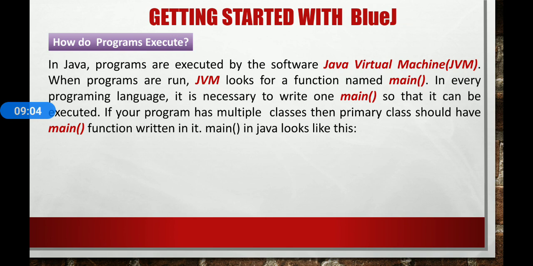In Java, programs are executed by the software Java Virtual Machine, in short JVM. We have just seen that method greet was run on the object obj_1. That was to understand the concept of classes and objects.